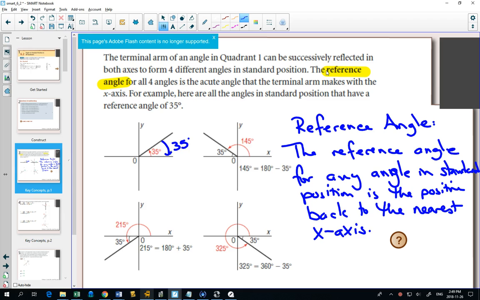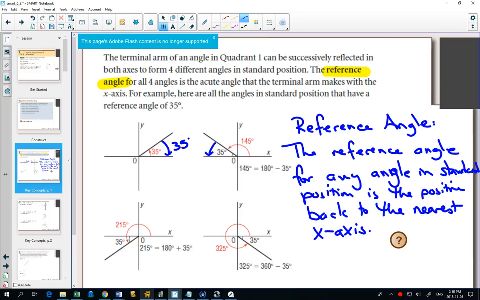In the second one, if I have 145 degrees, you say, well, how far is it back to the nearest x-axis? 35 degrees. How would you calculate that if you knew this was 145? Well, you would say to yourself, the whole thing is 180. So if I did 180 minus 145 degrees, I'd figure out that my reference angle is 35 degrees.